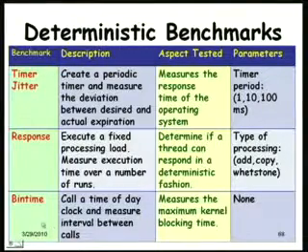We will also consider the response parameter as a deterministic benchmark. Execute a fixed processing load and then see how much time it takes each time. Does it take the same time, or is there a variation? The typical processing load that we might consider may be Whetstone, maybe some SPEC benchmark, or simple add programs or simple ALU programs.